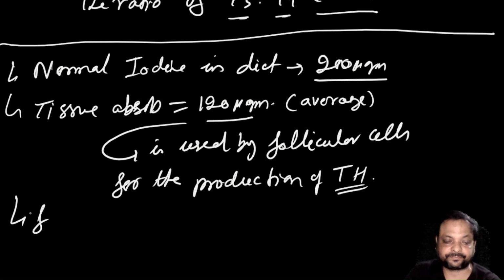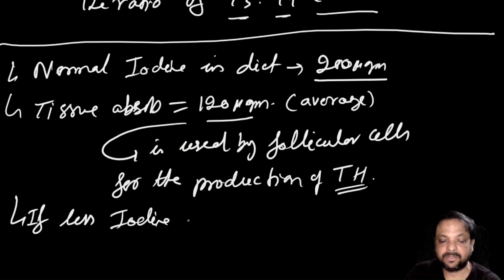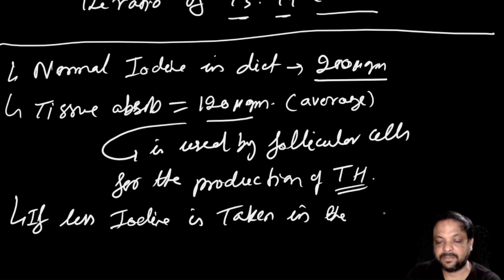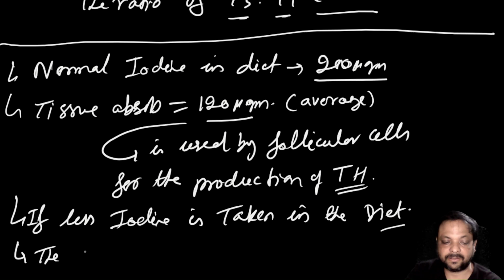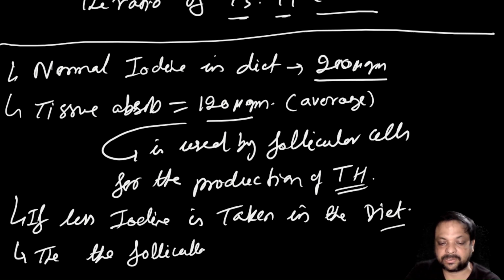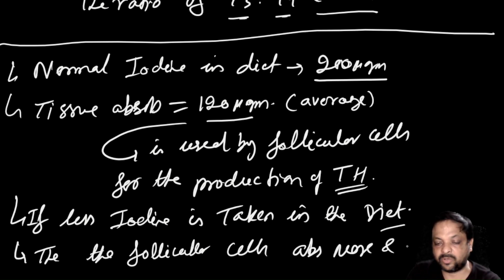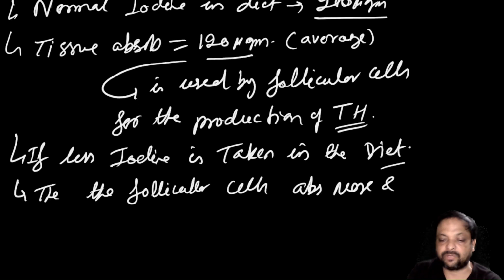Suppose less iodine is taken in the diet, then the follicular cells absorb more and more iodine from the blood.